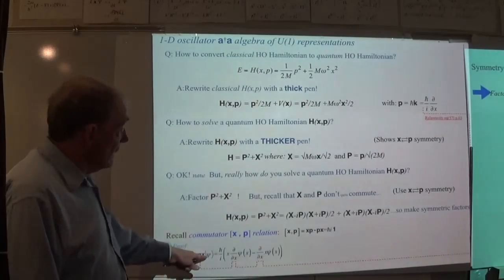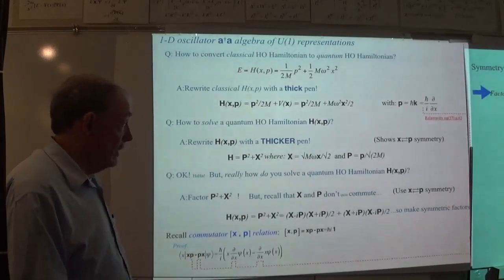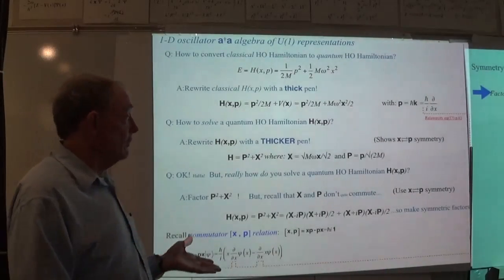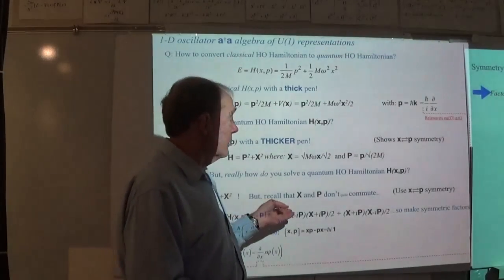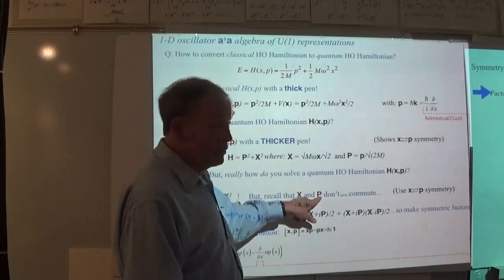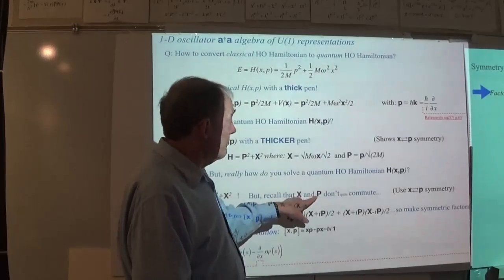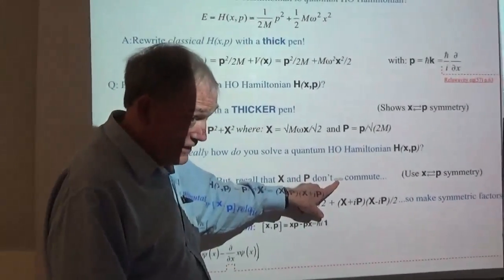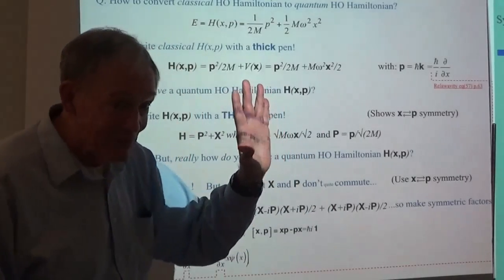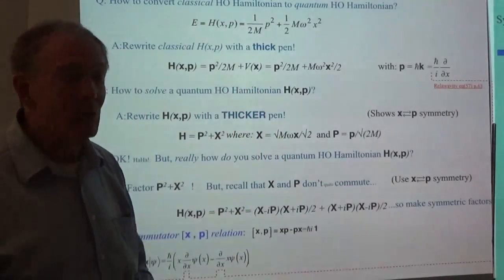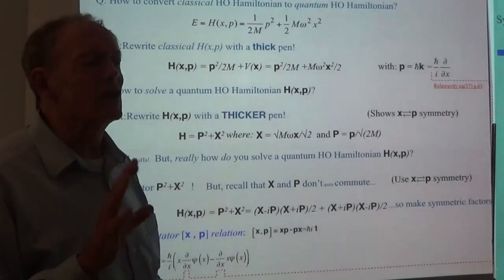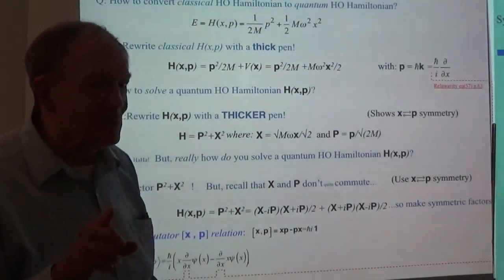And then recall this little thing, and that's, of course, an important thing to do: xp minus px. These don't commute, but what's the difference between them commuting or not commuting? So in very small letters here I've written that these two operators, x and p, don't quite commute. Almost. They almost commute. The question is, how much is the difference between commuting and not commuting?